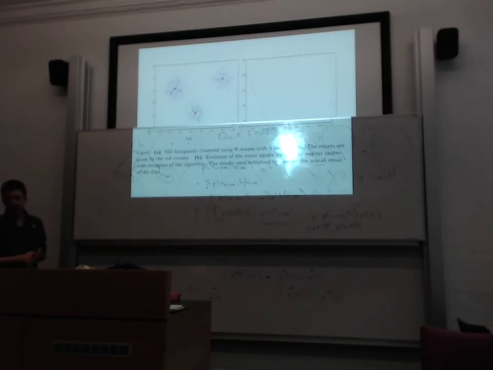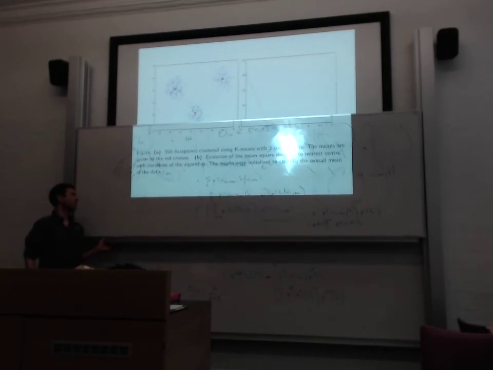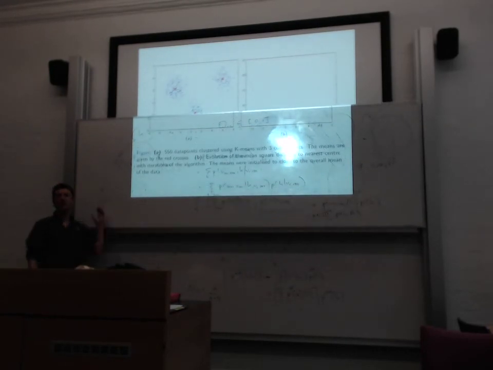So what people do, there's a whole branch of heuristics really of how to initialize centers for k-means, and similarly how to initialize the means for the Gaussian mixture model. It's a little bit tricky stuff.